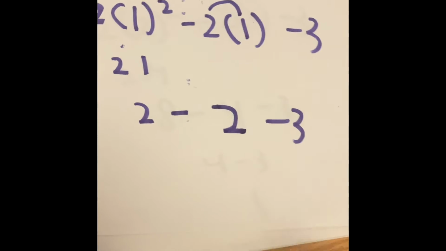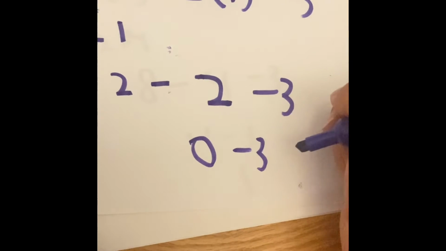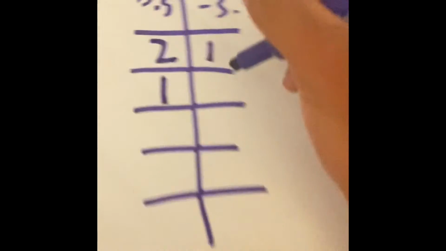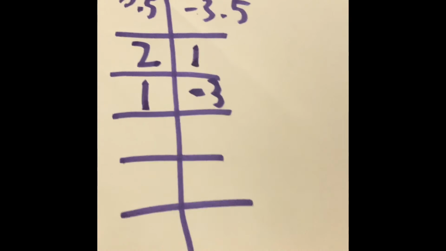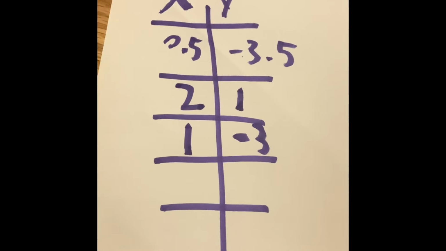When we get that, 2 minus 2 is 0, minus 3. We're going to get 1, negative 3. Now let's start putting them on the graph and see what we get.